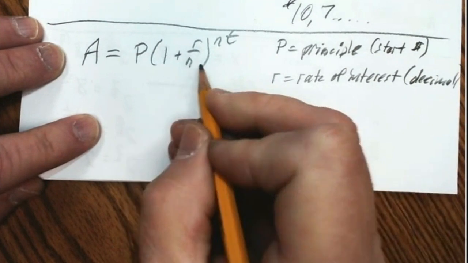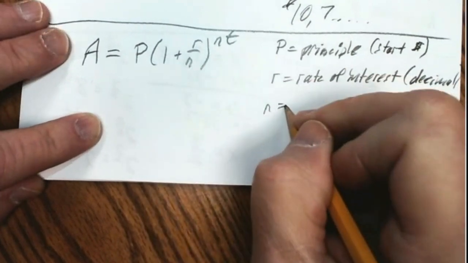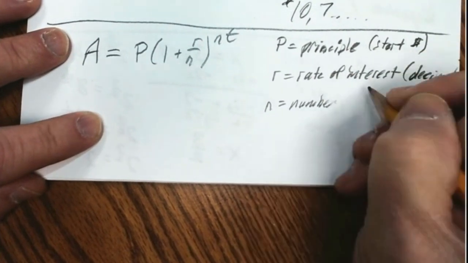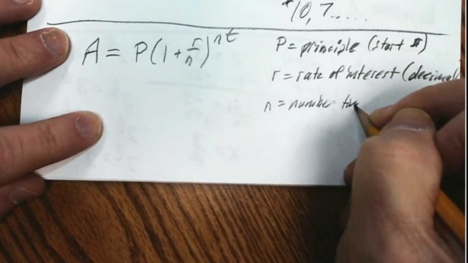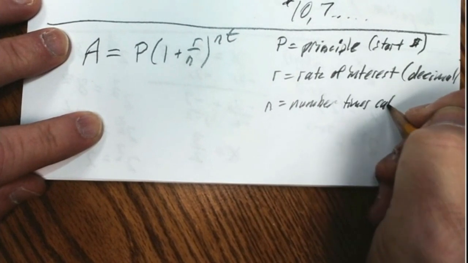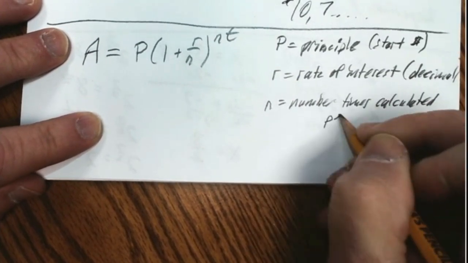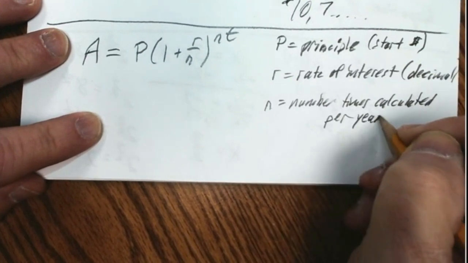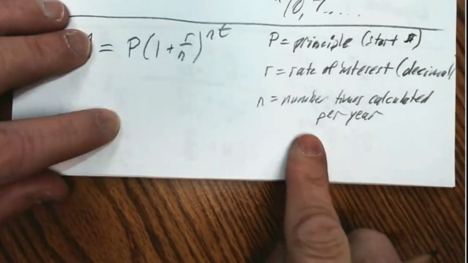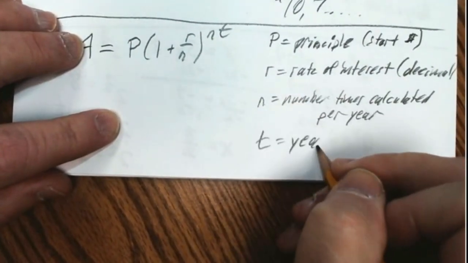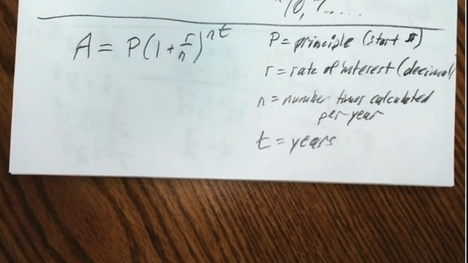And see the N. Number of times calculated per year. And then T, years. All right, that is our basic formula, and now we're going to use it and show you how that works.